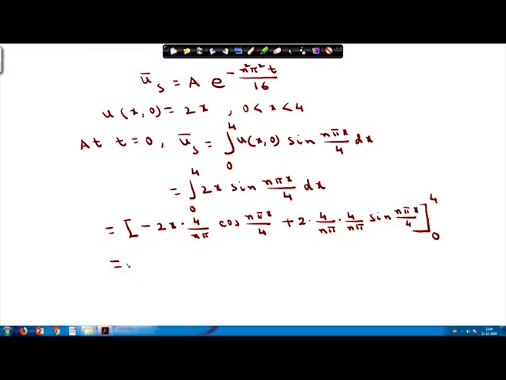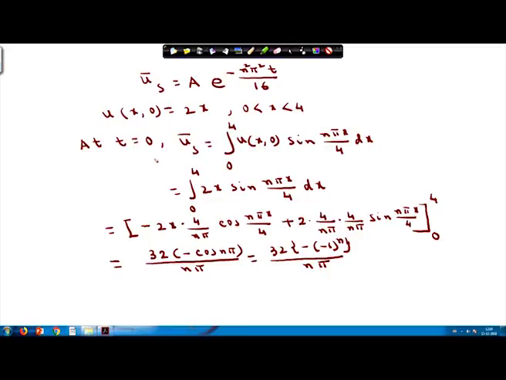If you put the limits on this, you can see that the value will become 32 into minus cos n pi by n pi, which is again 32 into minus 1 whole to the power n by n pi. So, this will become minus 1 to the power n plus 1 into 32 by n pi.